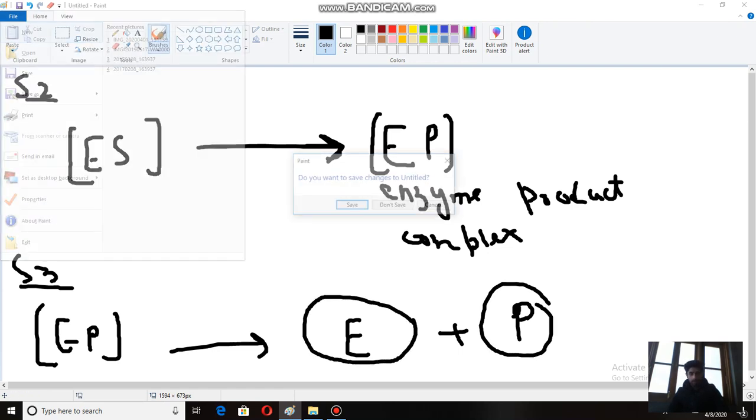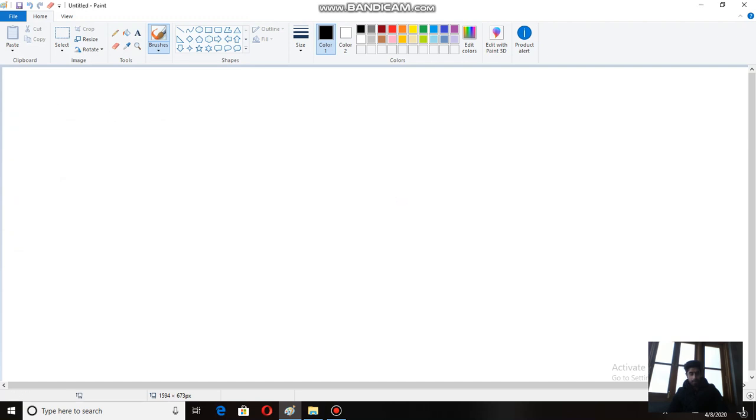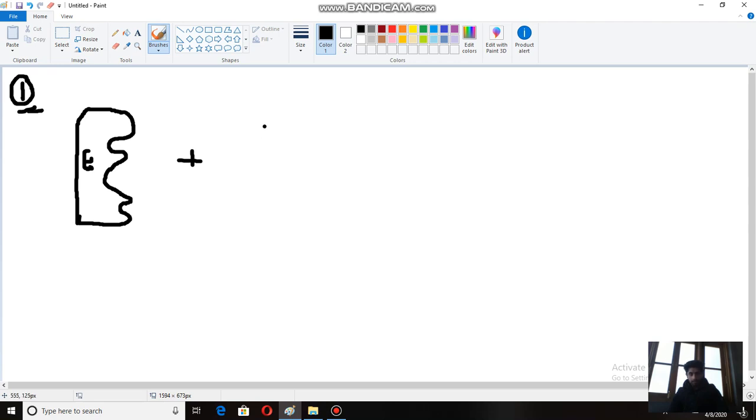Now let's see pictorially how this happens. First, this enzyme is believed to have some cavities on its surface like this. This E represents the enzyme, and this is step number 1. This enzyme is bound to the substrate. It will have a cavity like this.